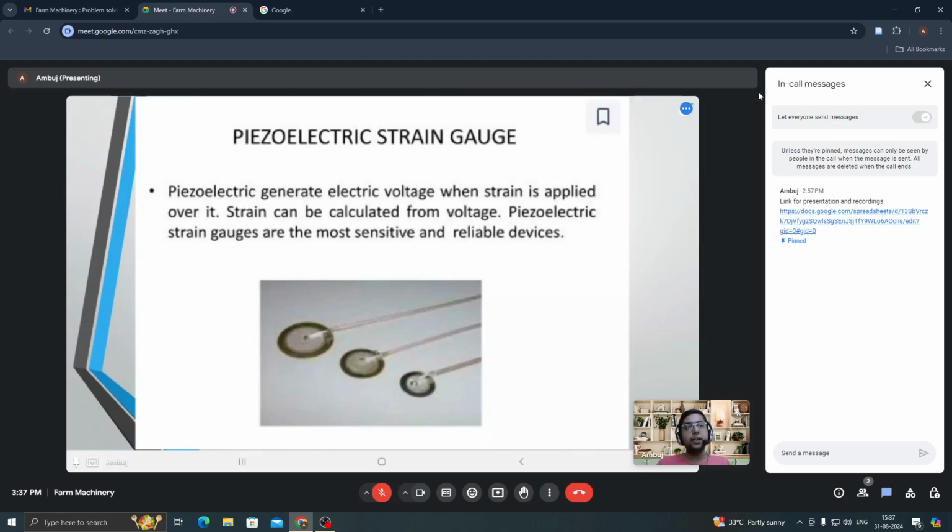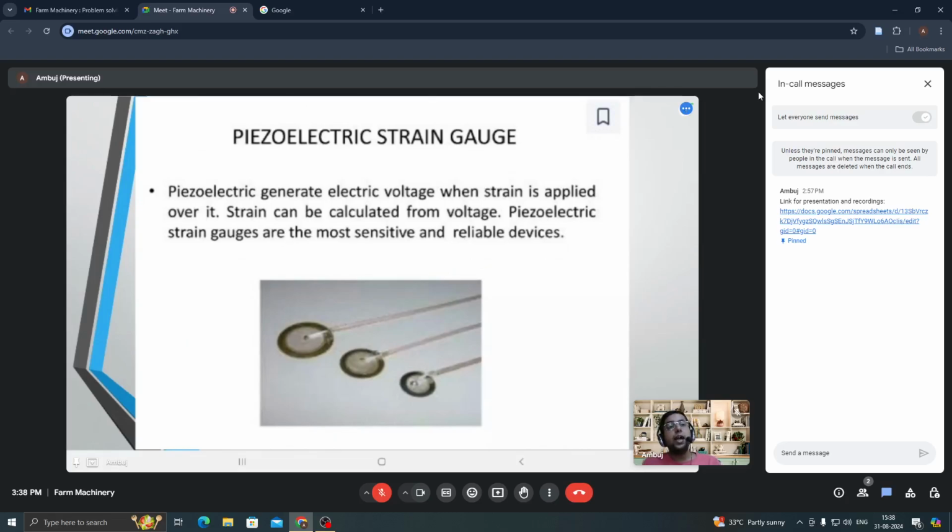When strain is applied to that sensor, it is directly converted into electricity. The voltage as well as the current can be sensed, and from that you can see the value of the strain.